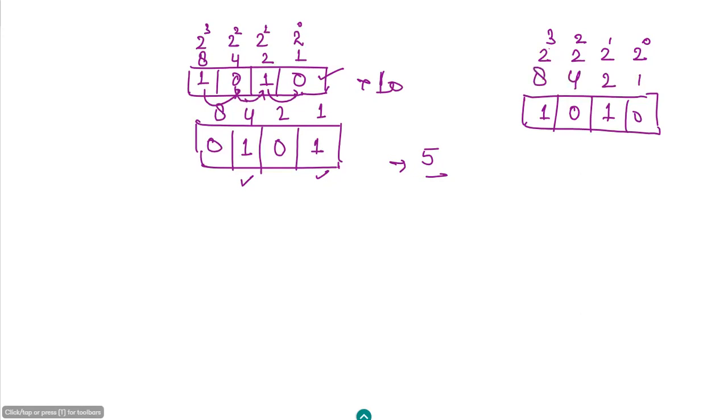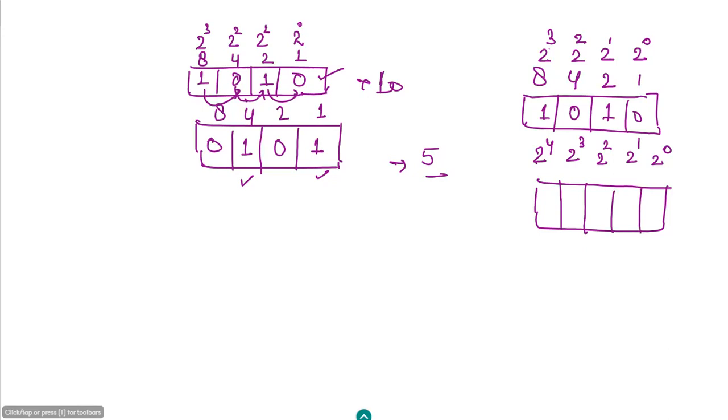If I shift 1 bit to the right side, we take one more index, that is 2 to the power 4. So the indices are 2 to the power 3, 2 to the power 2, 2 to the power 1, 2 to the power 0.